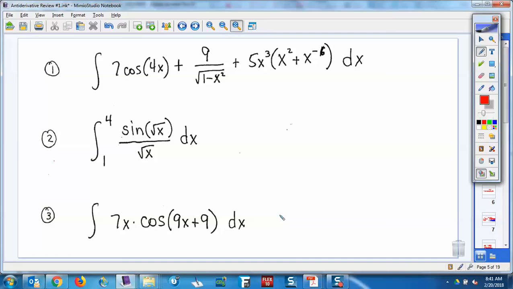Write each of these down and leave yourself some space, because then I may move on a little bit, and if you haven't had time to finish them, we may do 4 or 5 or 6 of them and then come back and check them. So write these down, give yourself some space, and then work them. And if you want to check with each other a little bit, you can too, it's fine.